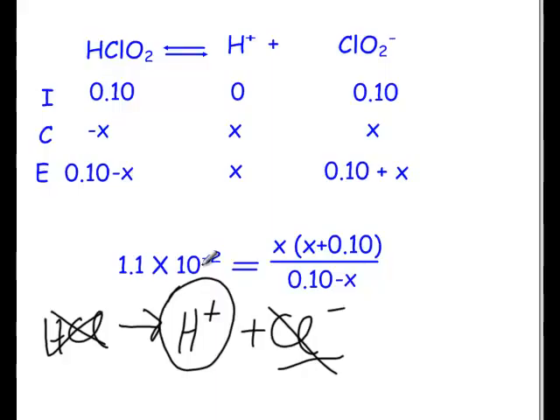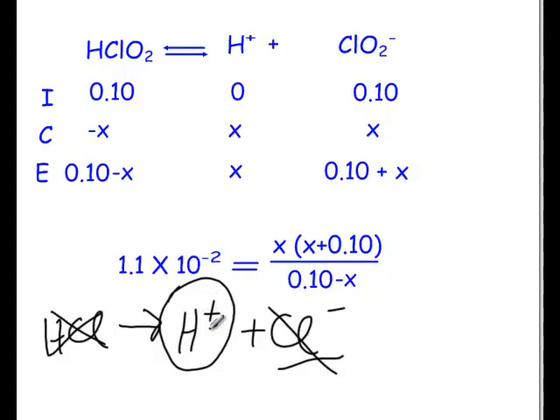In our beaker, we have a heck of a lot of HClO2. We have a smidge little bit of H plus, and we have quite a considerable amount of ClO2 minus. Of those three species, which would the H plus react with?